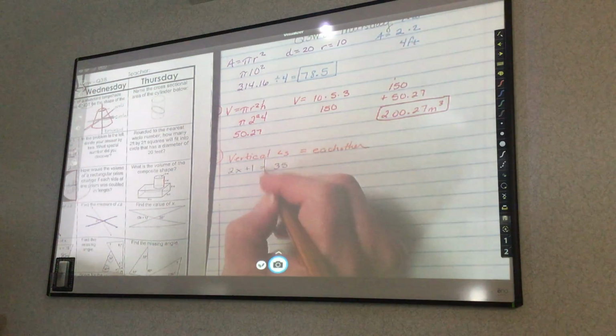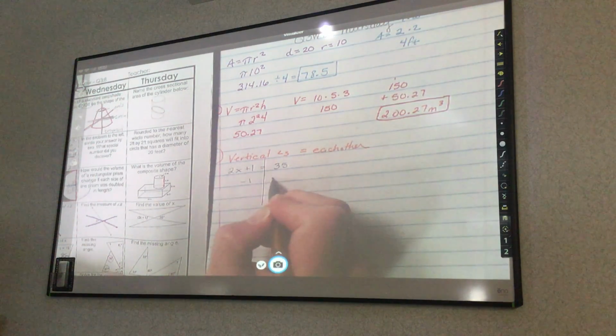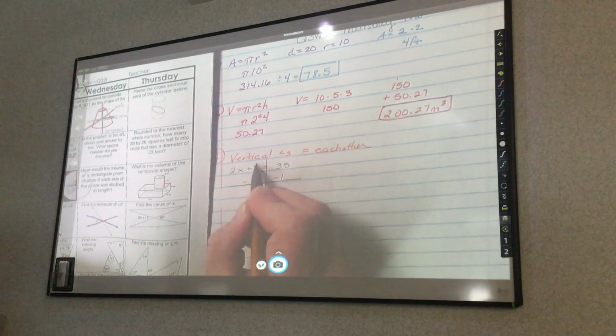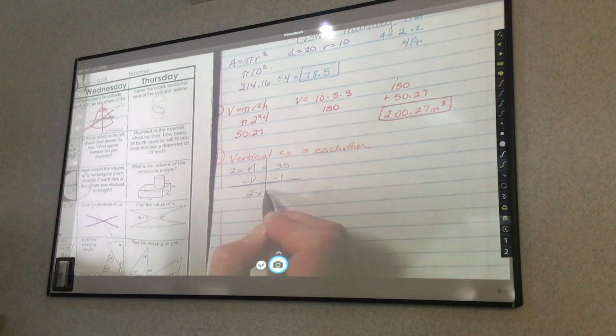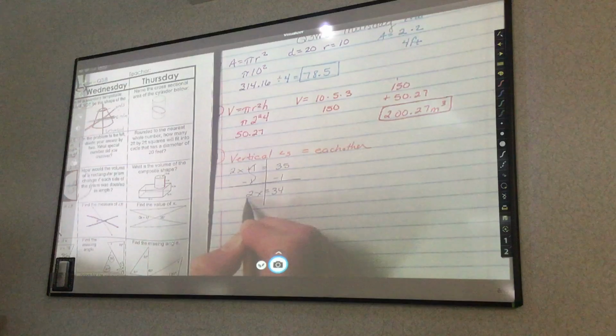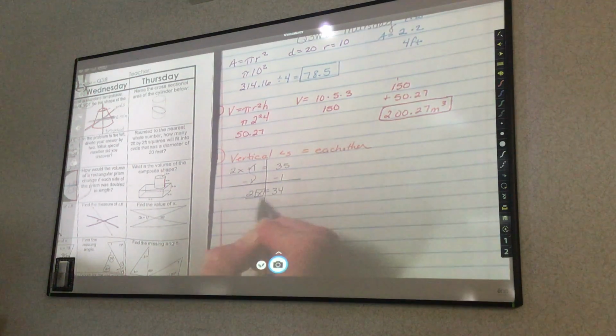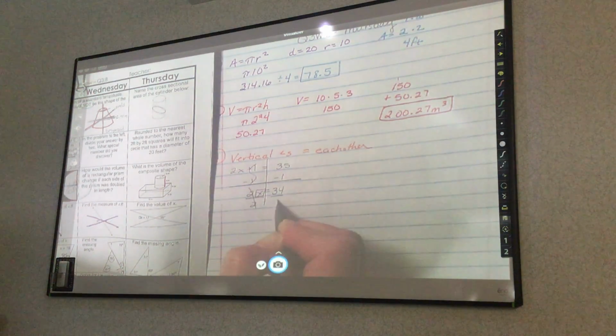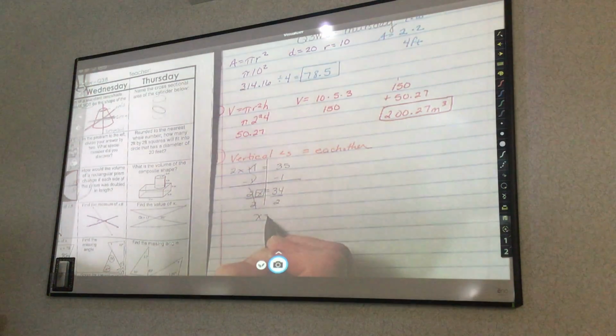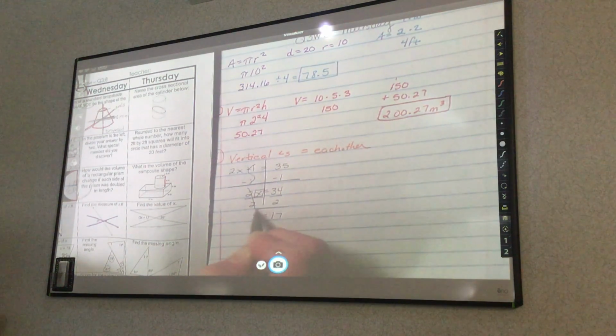So then I just draw my line, subtract 1 from both sides. Those cancel each other out, so I'm left with 2x equals 34. Box up my x, divide by 2, so they cancel out. X equals 17.